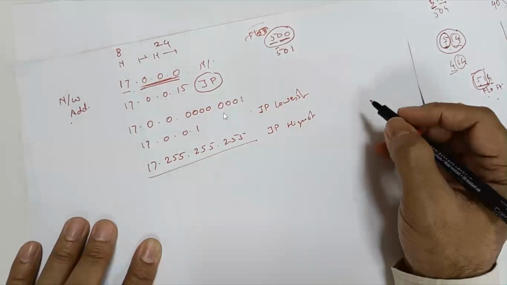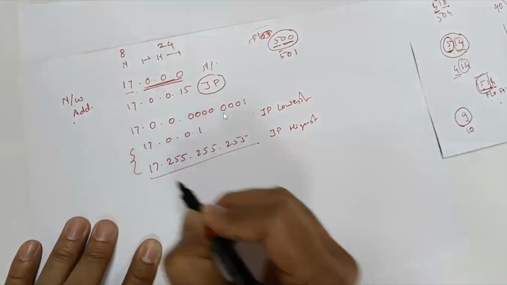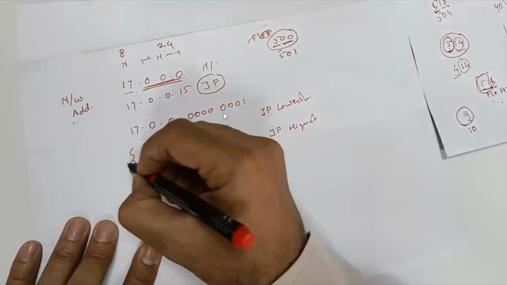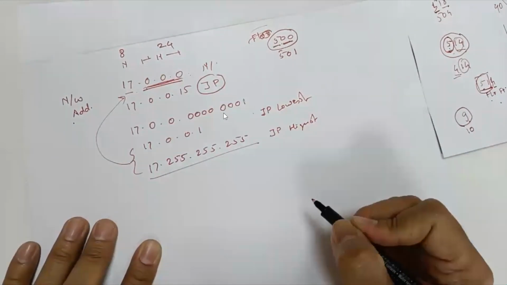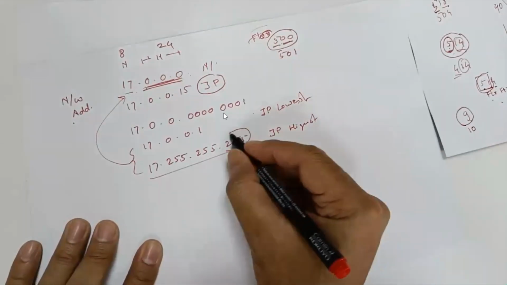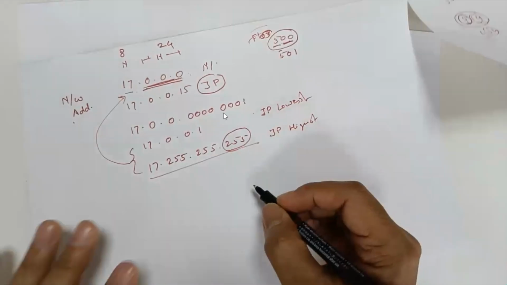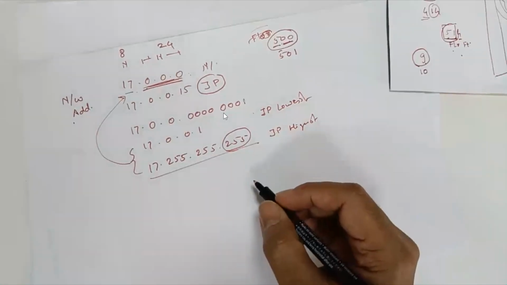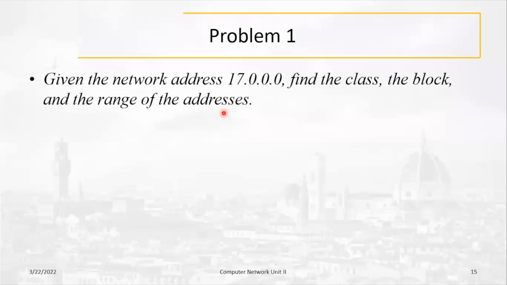So this becomes the range of IP addresses in this network. Again, actually, 255 is not possible. I'll tell you the reason a bit later, but this is the solution of this problem.